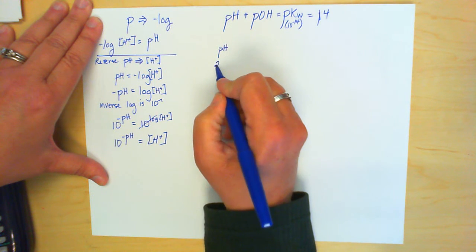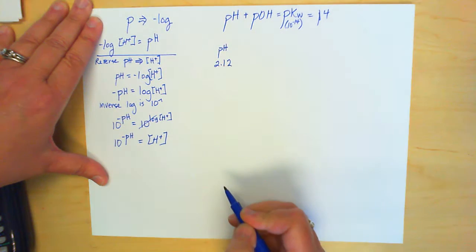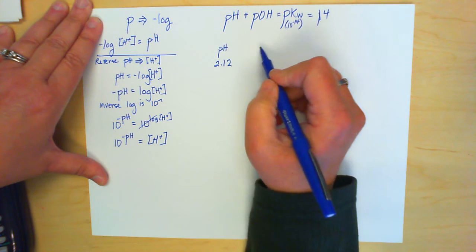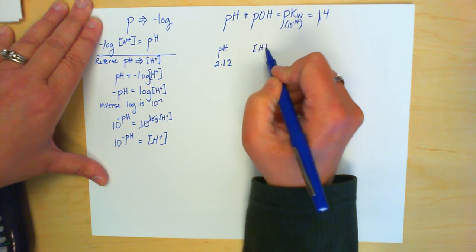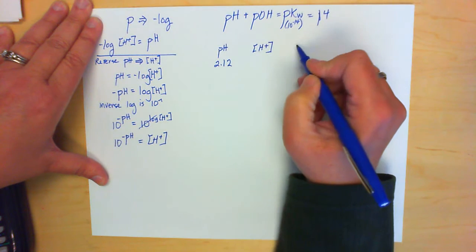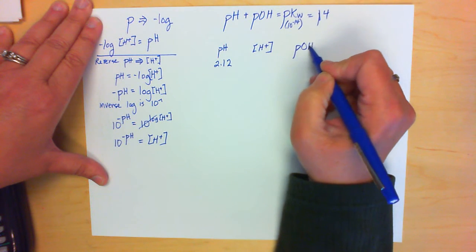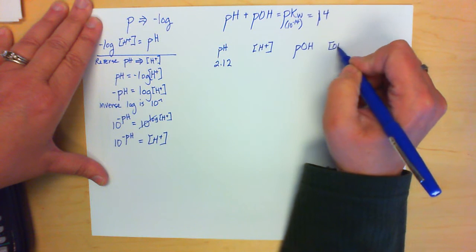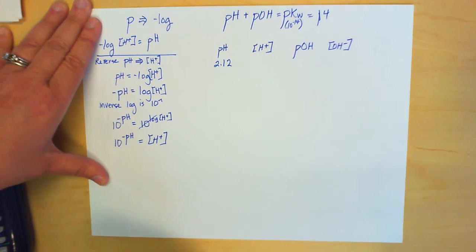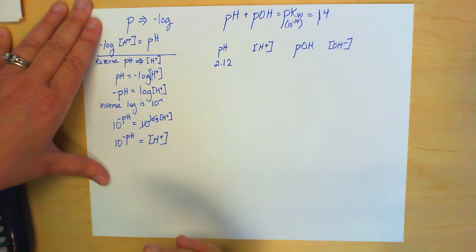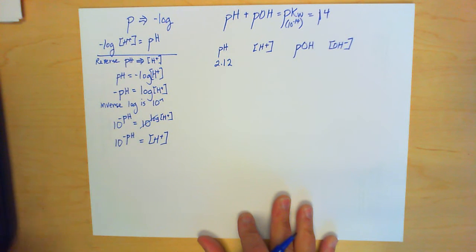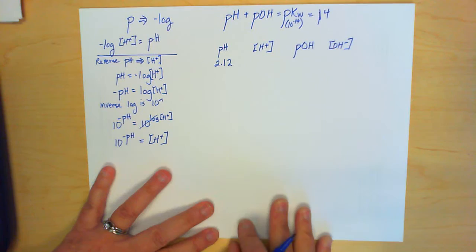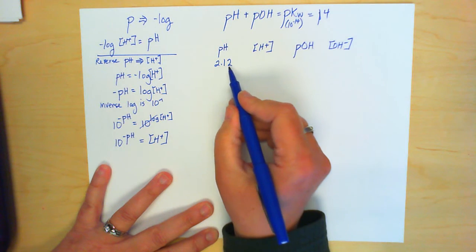If our pH is 2.12, I'm going to find the hydronium ion concentration in just a second, but let's go ahead and list our pOH, and we'll do the hydroxide ion concentration. The relationship is such that it doesn't matter which of the four values you're given, you can walk them back and forth. That having been said, we'll start with the pH of 2.12.